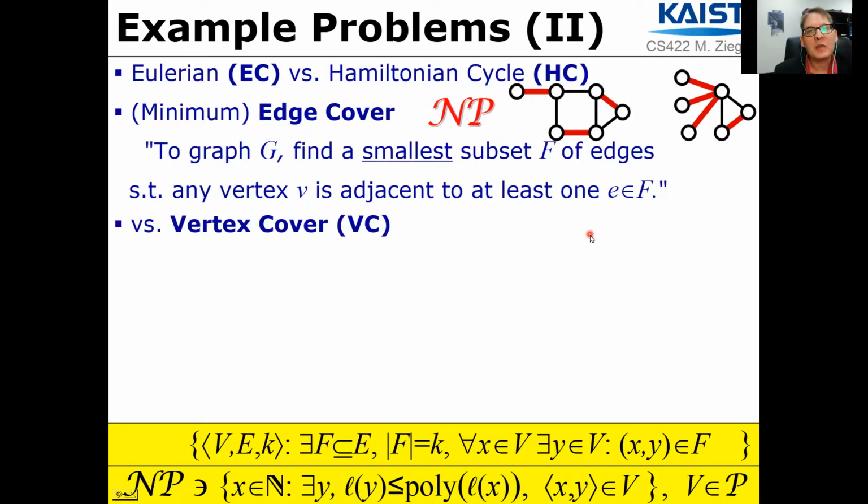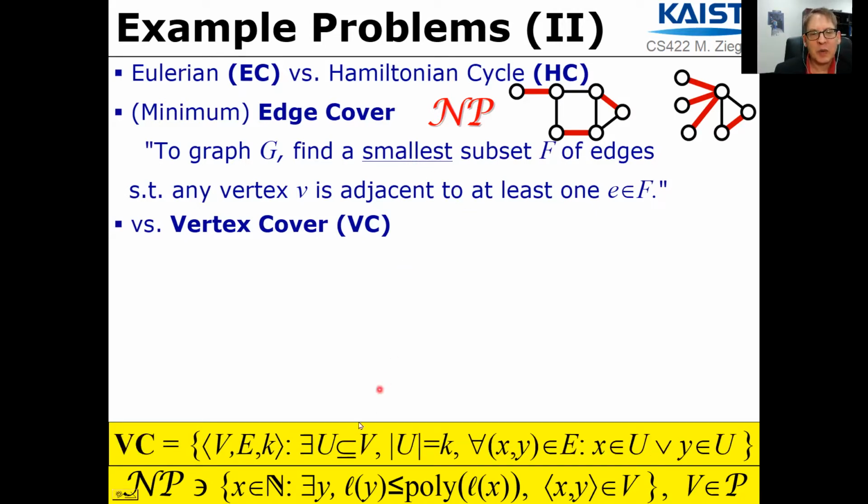The other variant of the problem that we consider is the vertex cover problem, which is kind of dual, if you like. Here we want to cover the edges with vertices, whereas originally we wanted to cover the vertices with edges.